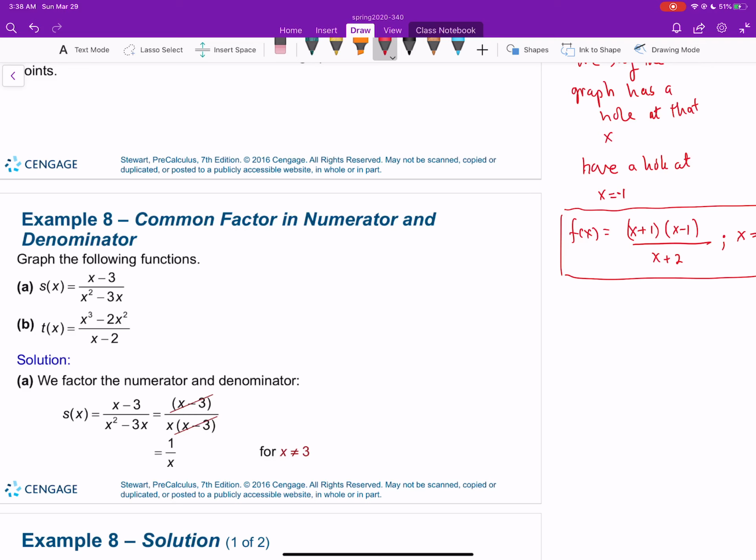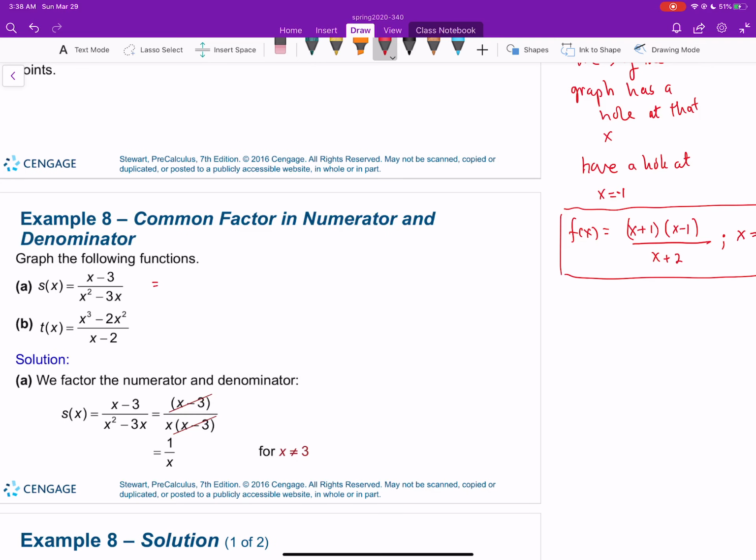So let's look at some examples that they have. If you look at the first one, if you simplify this, you get x minus 3 all over x minus 3. So we're able to cancel that common factor, telling us that we have a hole at x equal to 3, and the function now is 1 over x, where x cannot be what? Cannot be 3.